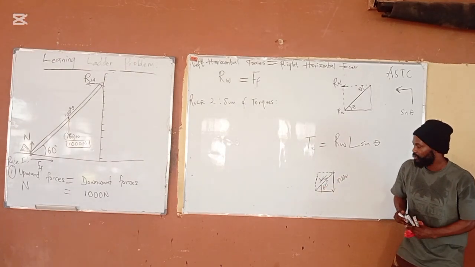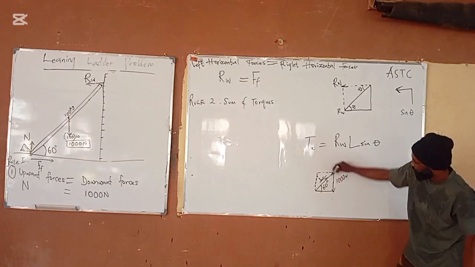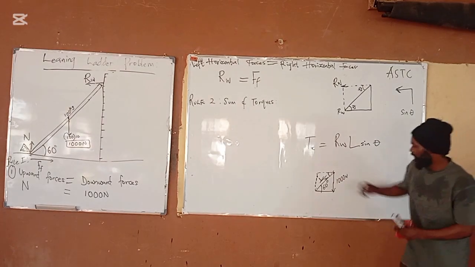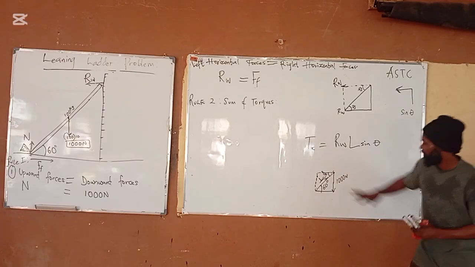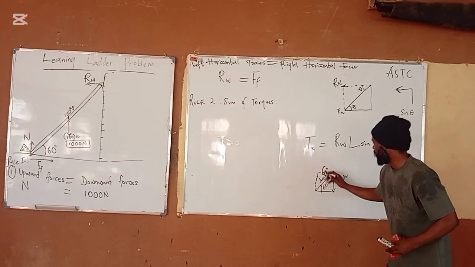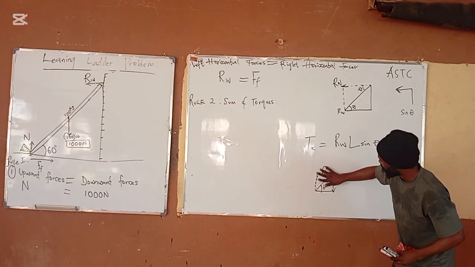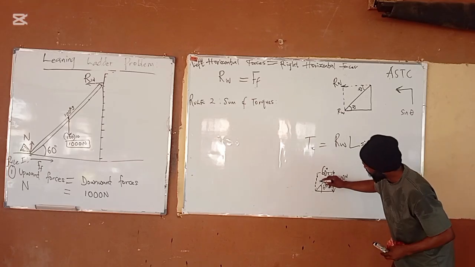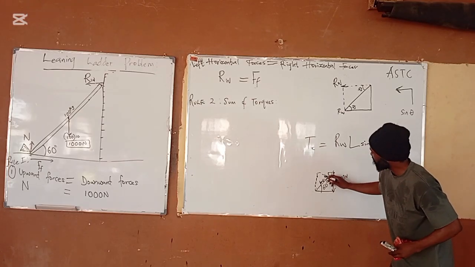If this one is standing downwards, this angle here is this angle here. So that means I have 60 degrees here, and I have L/2.